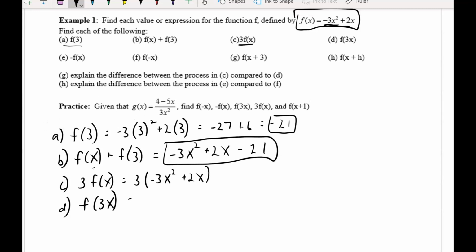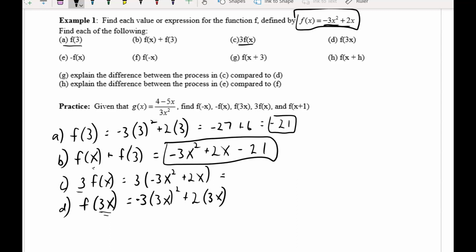So I'm going to write what I had before, which is the negative 3, but instead of x squared, it's going to be 3x squared. And then plus 2, but instead of x, it's going to be 3x. So again, in part C, we multiplied the entire function by 3. And in part D, we replaced the x with 3x.